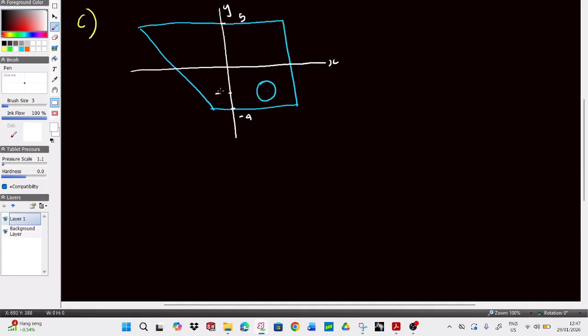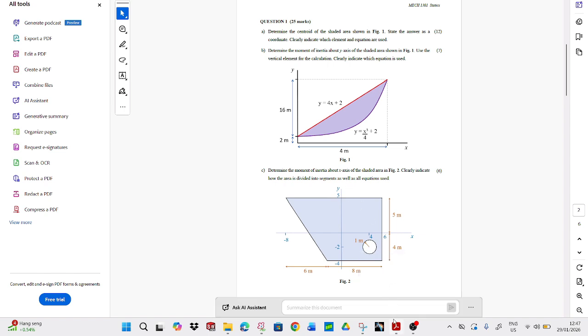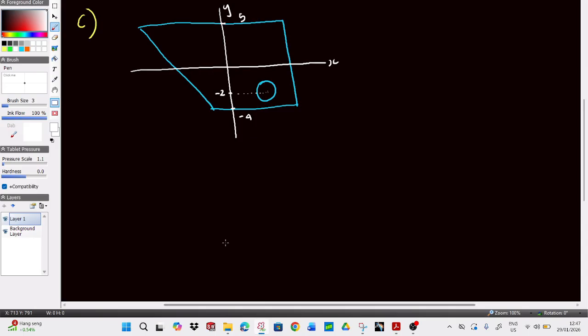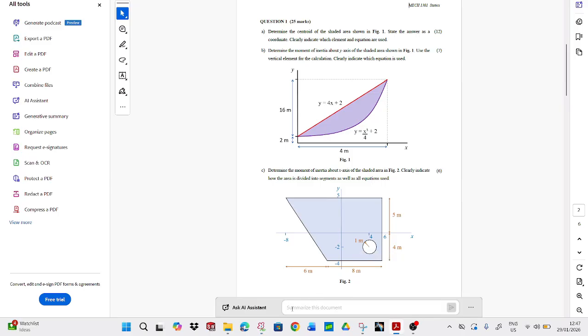Minus 2 is the location of the center of the circle itself. What else? Minus 8. This one will become minus 8. 6.